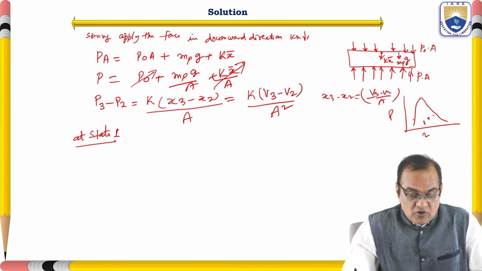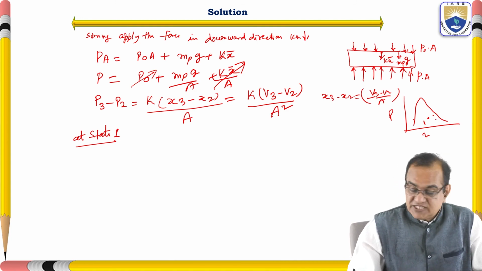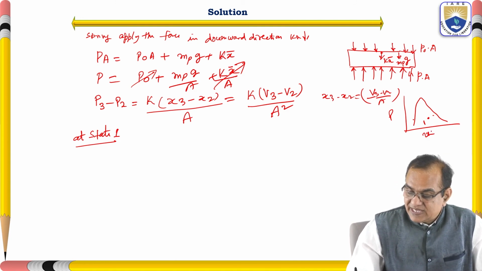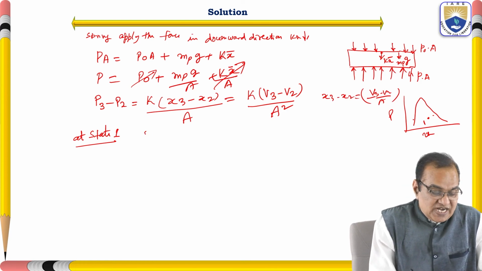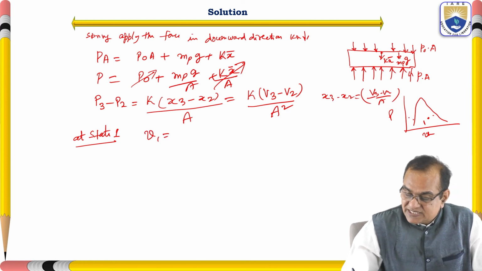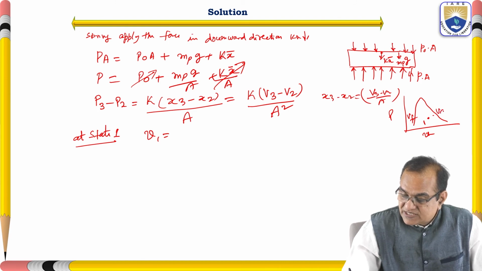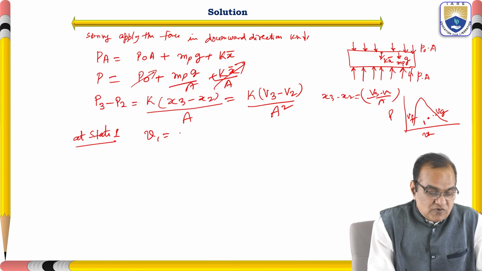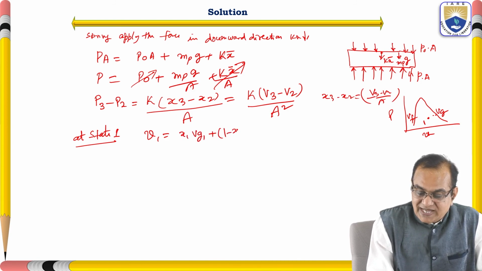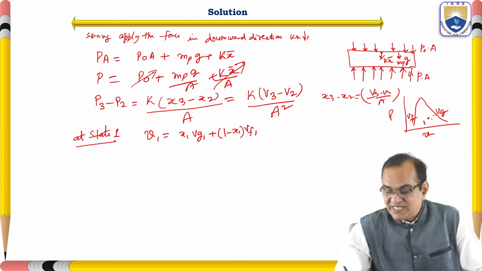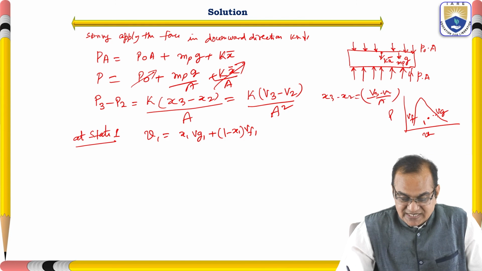So we have to find out the exact specific volume of state 1. So for this state 1, we know that this is the VF, this is the VG, the saturation. So this V1 is equal to X1 VG1 plus 1 minus X1 VF1. So this X1 is given as 85%.